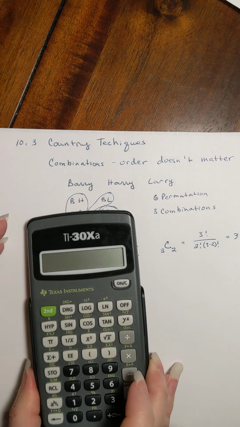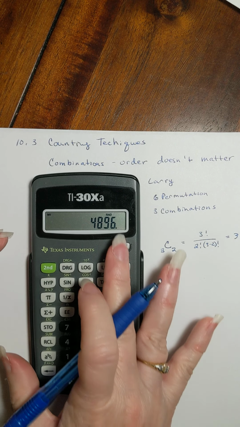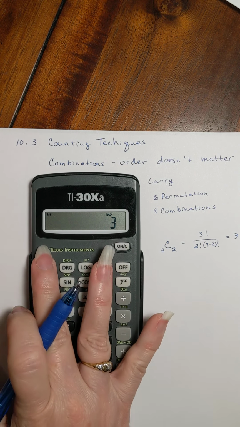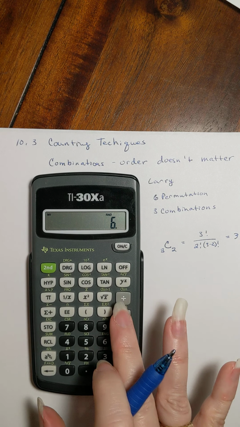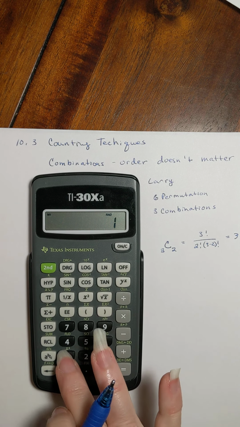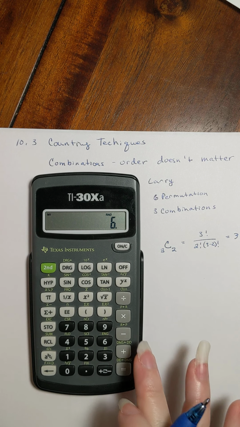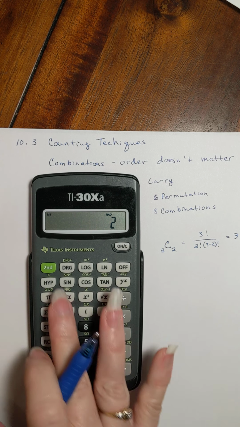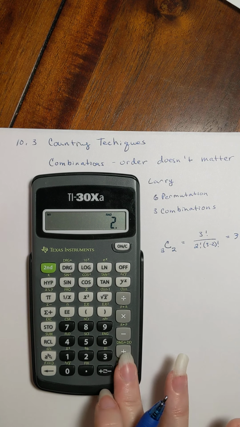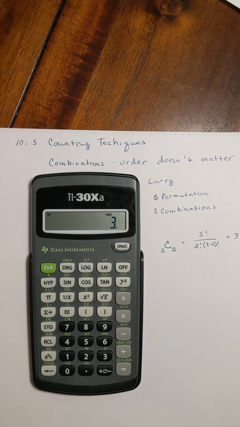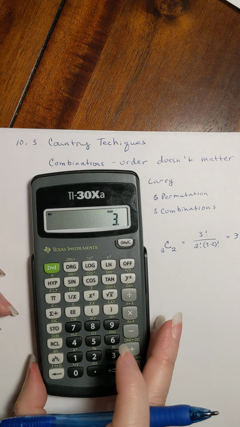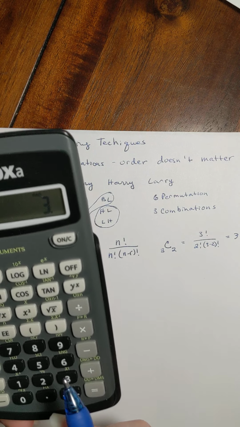All right, so notice if I do 3 factorial divided by 1 factorial, that gives me 6, but then when I divide it by 2 factorial, I get 3. All right? Now, also on your calculator, you have combinations.